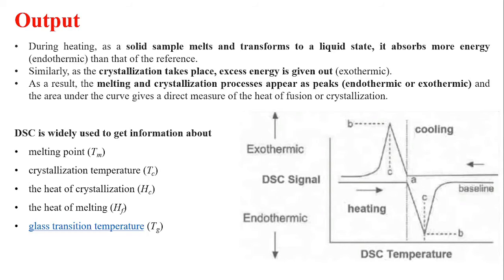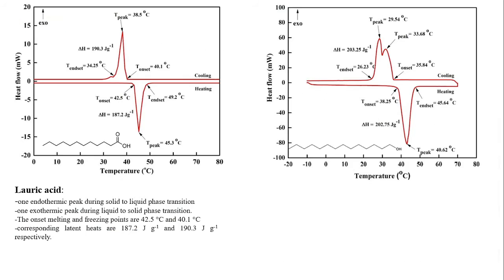As for different convention, an exothermic reaction in a sample depicts the positive and negative peak. DSC is widely used to get information about melting point of the sample, crystallization temperature, heat of crystallization, and the heat of melting and glass transition temperature.